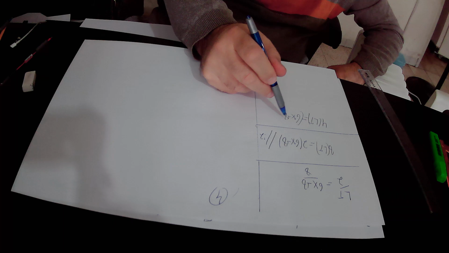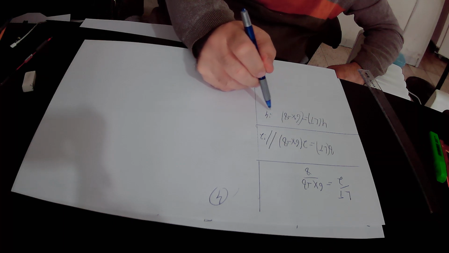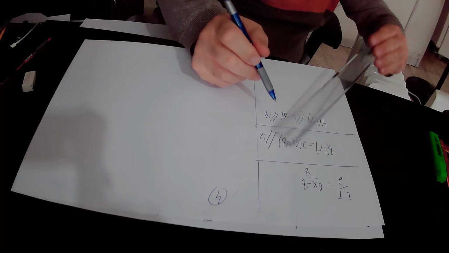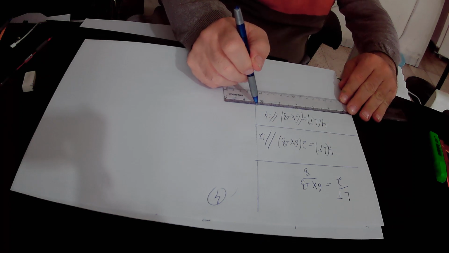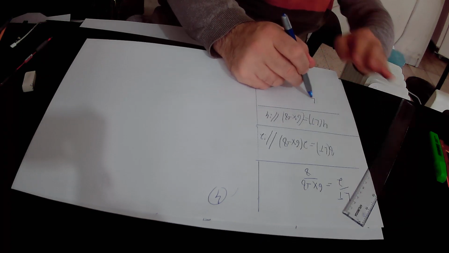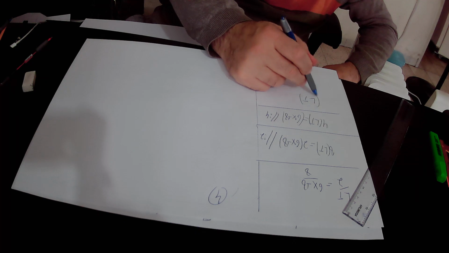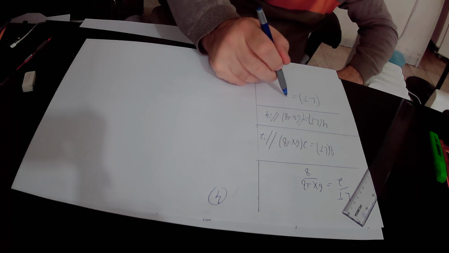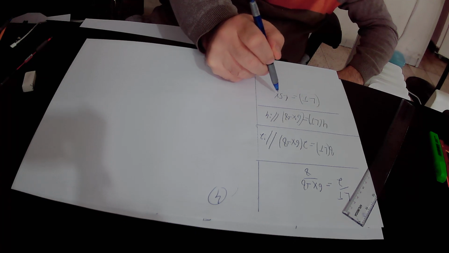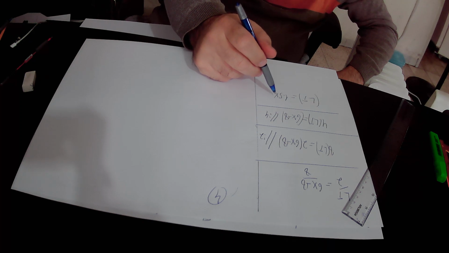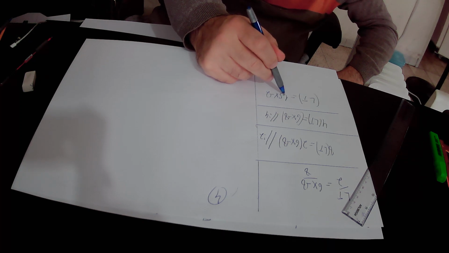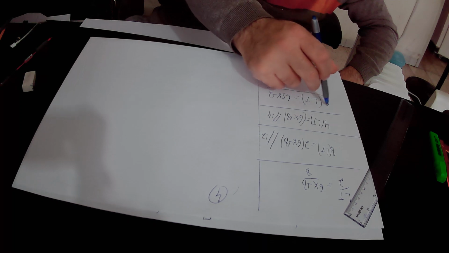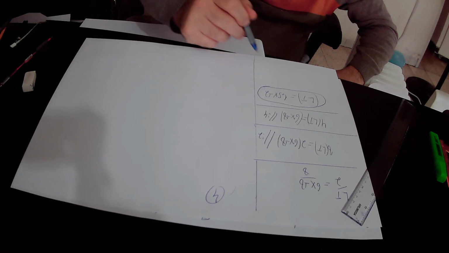Here we divide this equation by 4, and finally we get that LT equals 6x over 4 is 1.5x plus 8 over 4 is 2. So in conclusion, we found out that LT equals 1.5x plus 2.